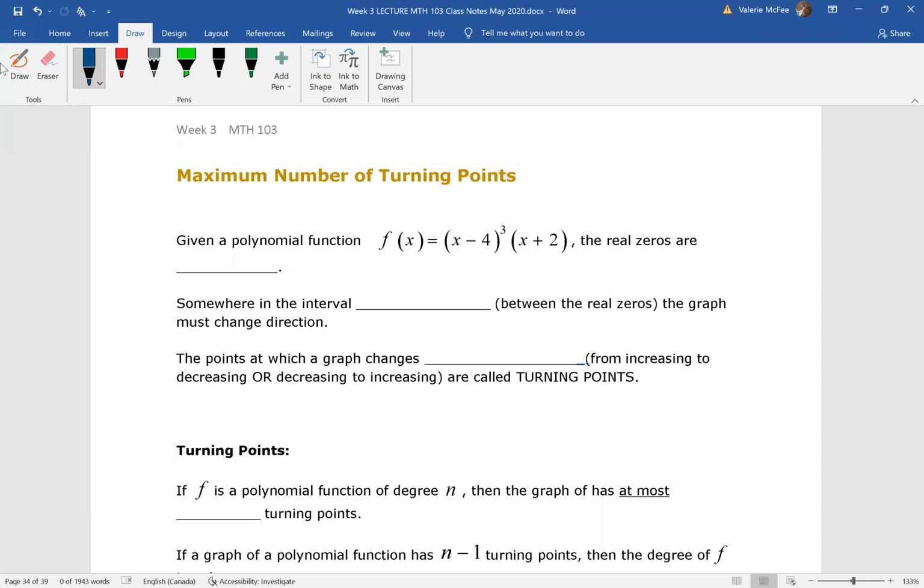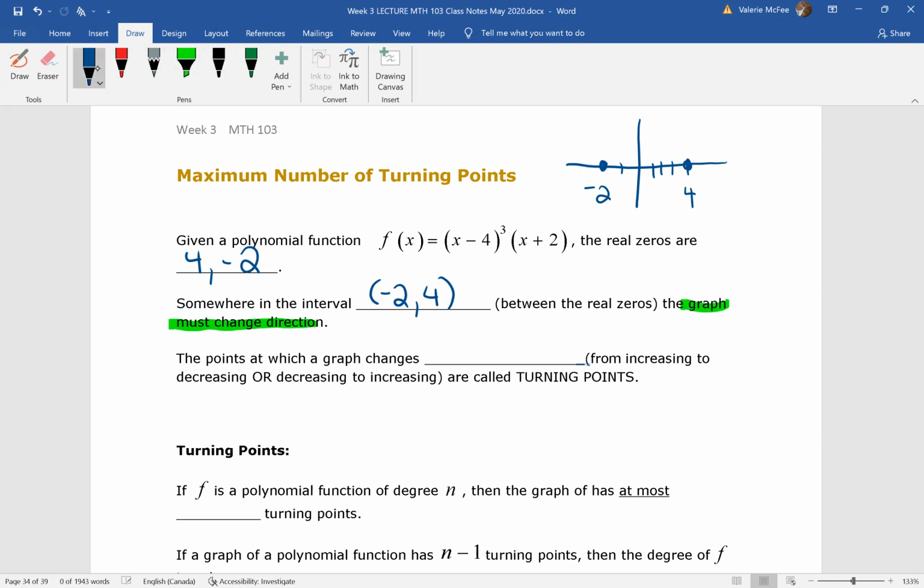We also should talk quickly about the maximum number of turning points. If we look at this example of a polynomial function, we see that it has real zeros of 4 and -2. So that tells me that somewhere between 4 and -2, somewhere in between there, the graph is going to have to change direction.